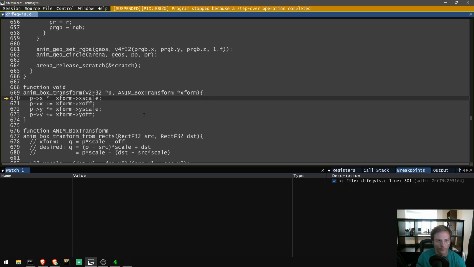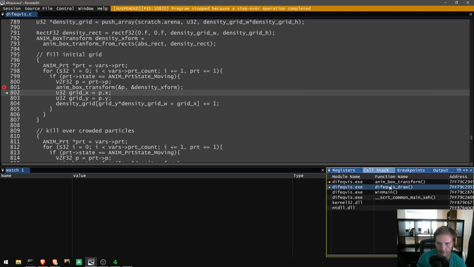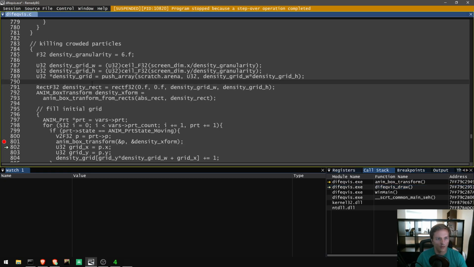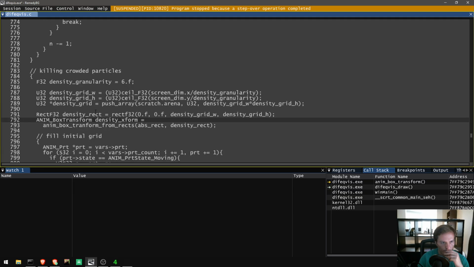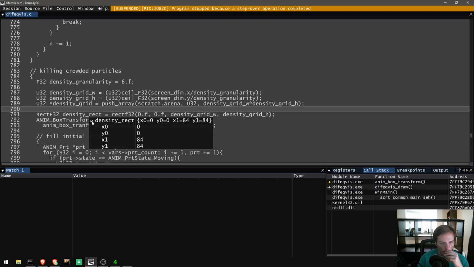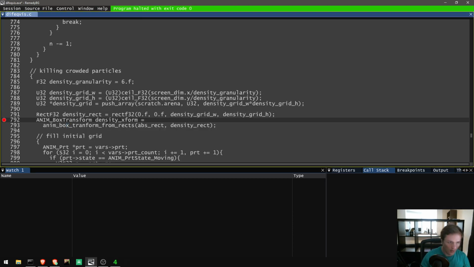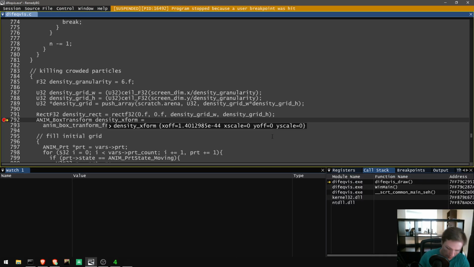Let me think this through. The transform calculation right here is what's curious to me.